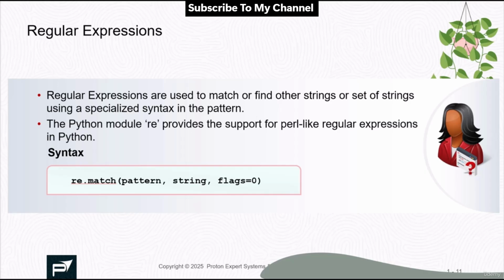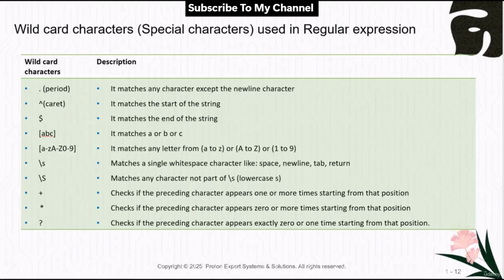In the syntax, pattern is the regular expression to be matched, string is the one which is to be searched to match the pattern at the beginning of the string, and users can specify different flags using the bitwise OR. These are the wildcard characters or the special characters used in regular expressions.